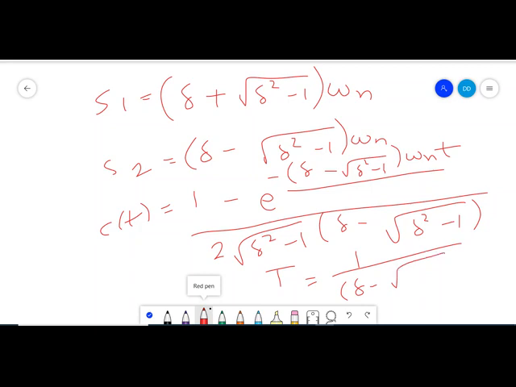The time constant of the response is given by t is equal to 1 by delta minus root of delta square minus 1 into omega n. This is the time constant of the response.